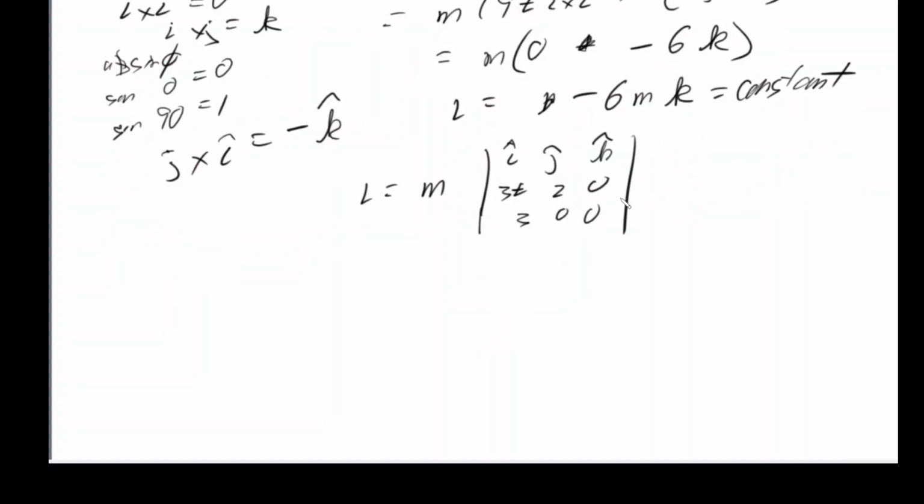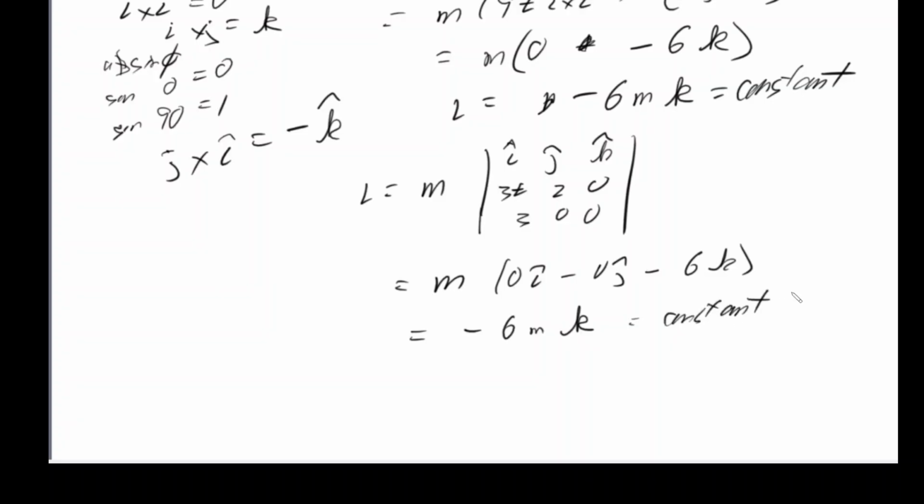And if you work out this matrix according to the rules, that becomes m times 0i minus 0j minus 6k, which equals minus 6mk. So either way, the answer is the same. You have a constant for your angular momentum.